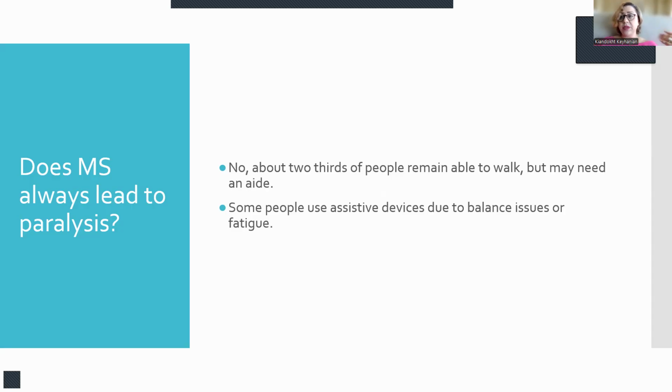But most of the people do well with physical therapy, with helping to reduce the attacks that don't even cause them any weakness in the legs. Most of the people are gonna stay fine and be able to walk. So if you got a diagnosis of MS, don't think that you're gonna be paralyzed or wheelchair bound. The chances are you're not.